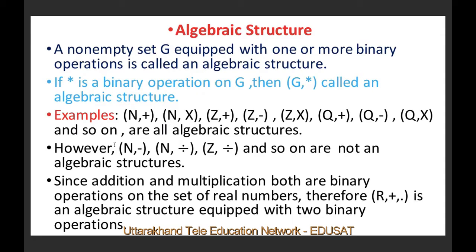seen that the sum of two natural numbers is always a natural number, and plus is a binary operation on the set of natural numbers. Similarly, the set N equipped with the binary operation of multiplication is an algebraic structure, because the product of two natural numbers is always a natural number, and it means multiplication is a binary operation on the set of natural numbers. Similarly, the set of integers equipped with addition, subtraction and multiplication are binary operations.